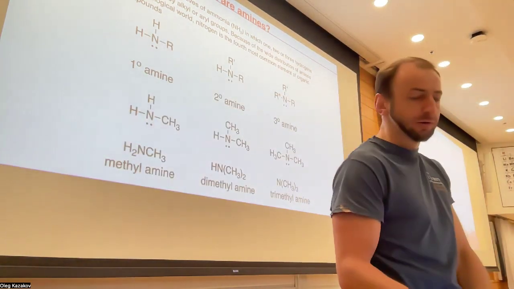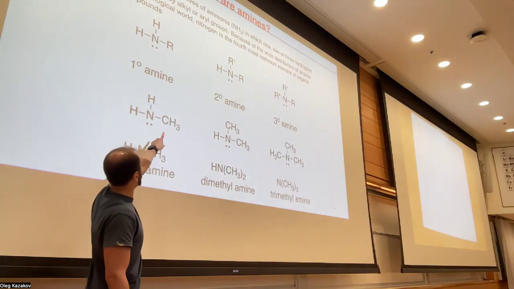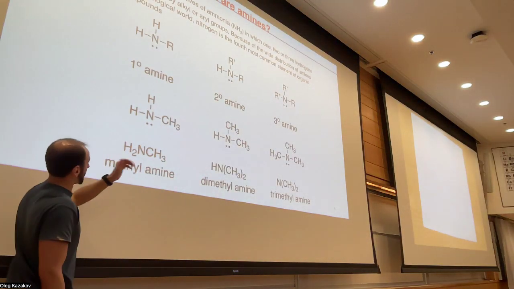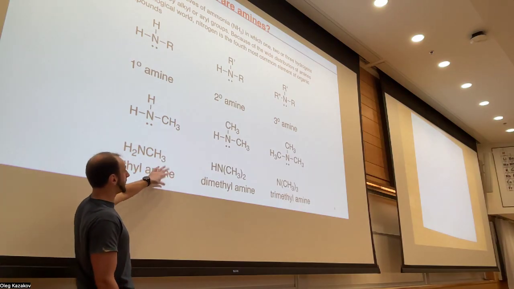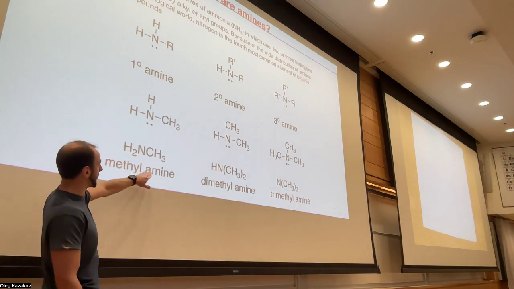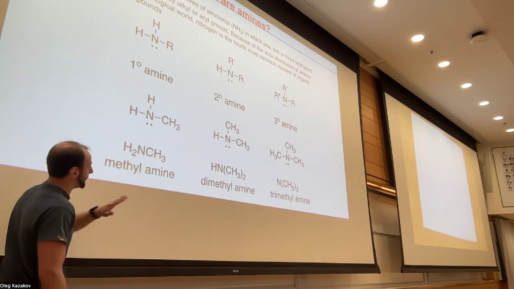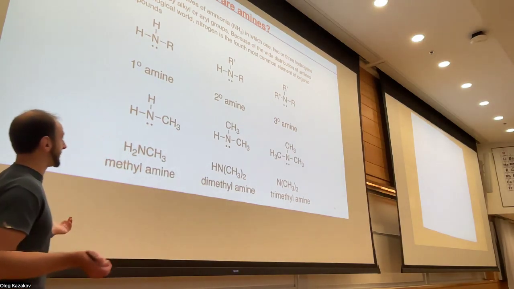Then you have this RNH2, such as, for example, methylamine. That's how you name it, by the way. We'll typically use the word amine to name them, and this word will be preceded by the name of the substituent and their number, if that is the case.